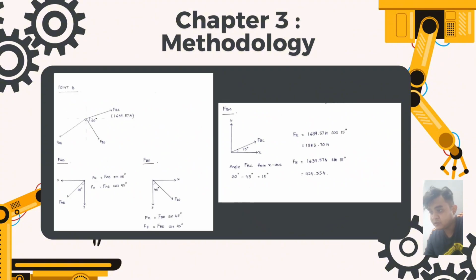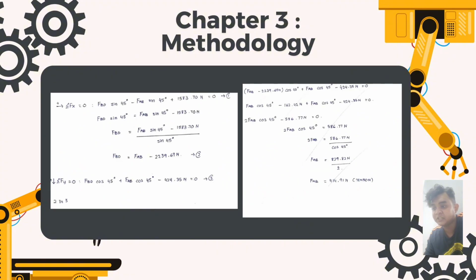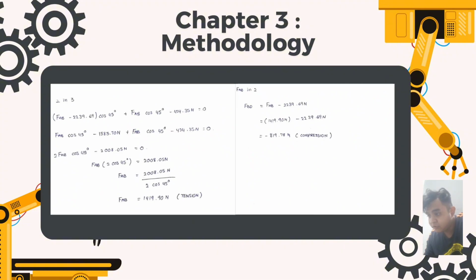For point B, this is the free body diagram and this is the calculation. For FAB, we get 414.91 Newton. The condition of thrust is in tension. Force AB and force BD.